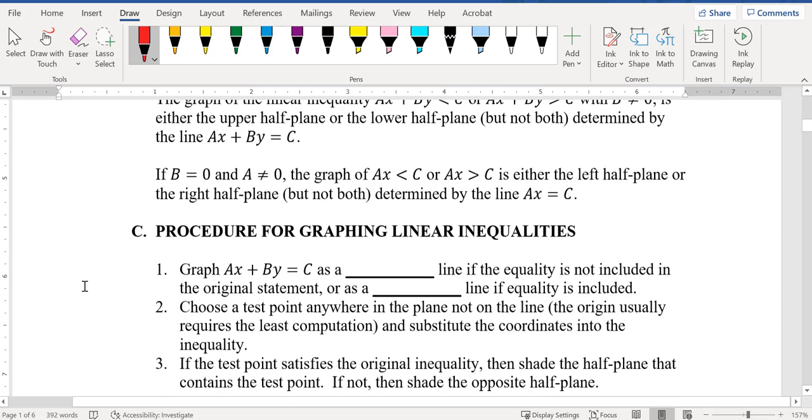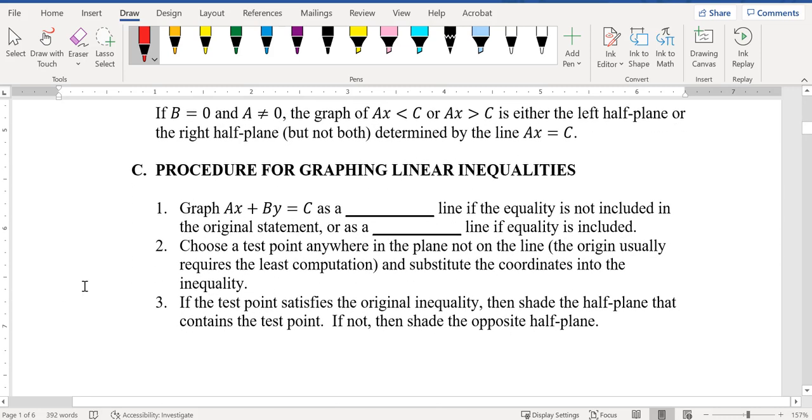All right, so the procedure for graphing linear inequalities. The first thing you're going to do is graph the line ax plus by equals c. Then you're going to graph it as a dashed line if the equality is not included in the original statement.